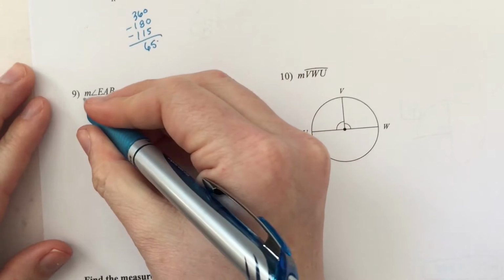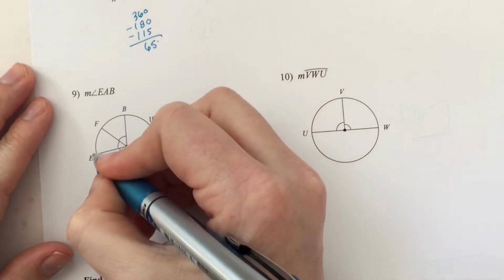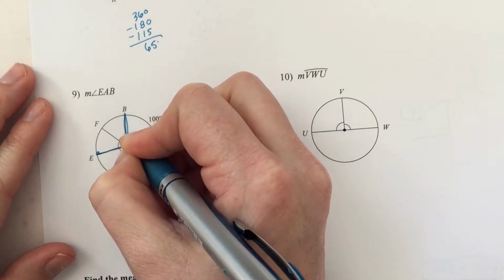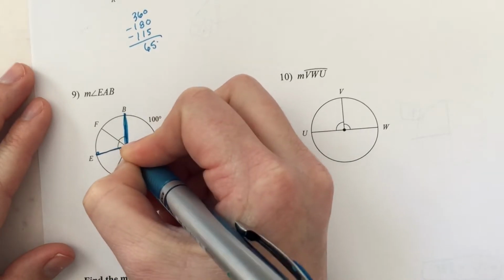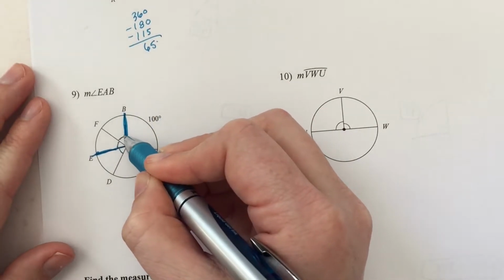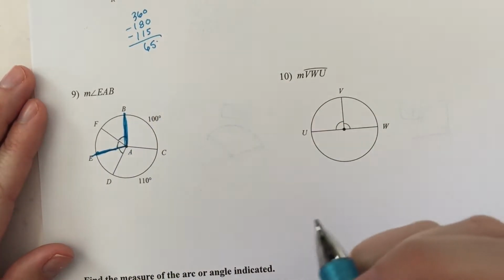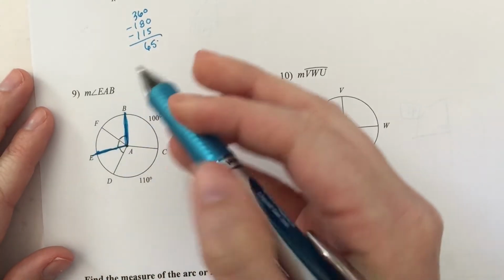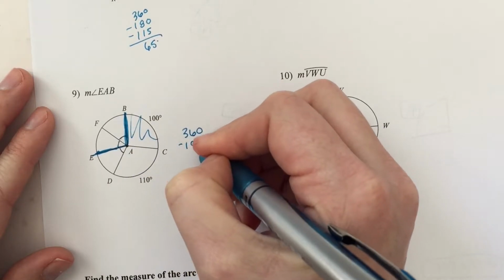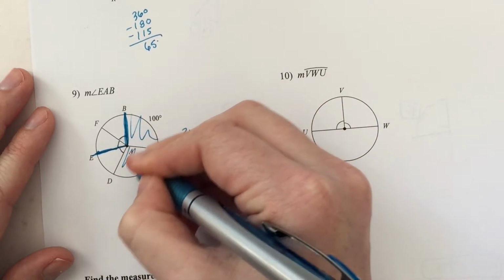Example 9, measurement of angle EAB. EAB. Ooh, this one's getting mean. So I have 1, 2, 3 angles that are the same size. I know a full circle is 360. I'm going to get rid of the 100. I'm going to get rid of the 110.